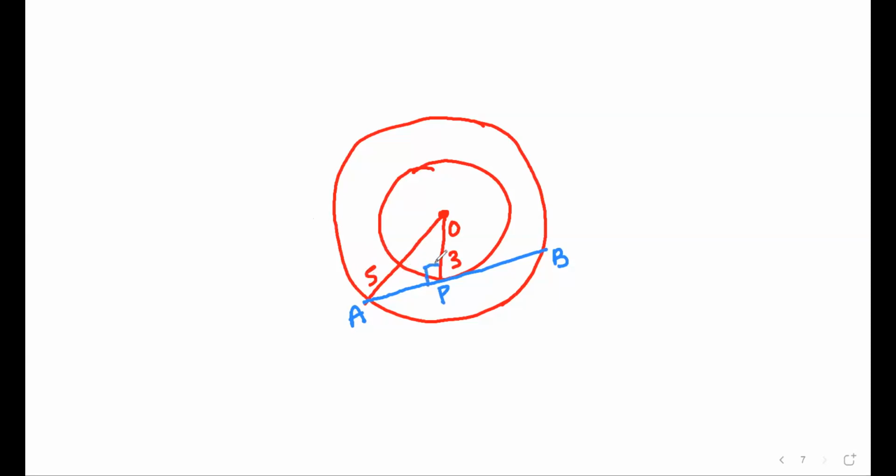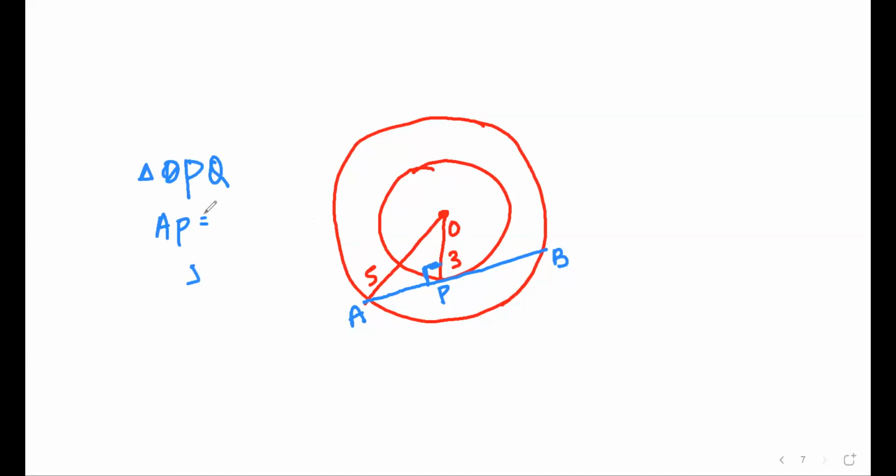This is a right angle triangle because if we join the tangent's point of contact with the radius, it will be perpendicular. So we can focus on triangle OPA. And with the help of Pythagoras theorem, we can find the value of AP from here.